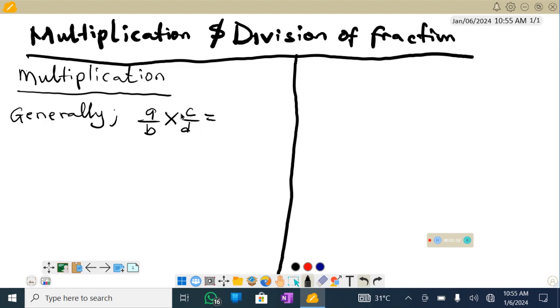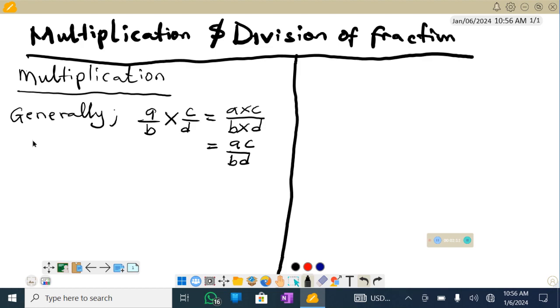The numerators will multiply themselves while the denominators will multiply themselves. The numerators a and c multiply, which gives a times c, all over the denominators b and d multiplying, which gives b times d. So you are going to have ac over bd. That's just how we deal with multiplication in fractions.